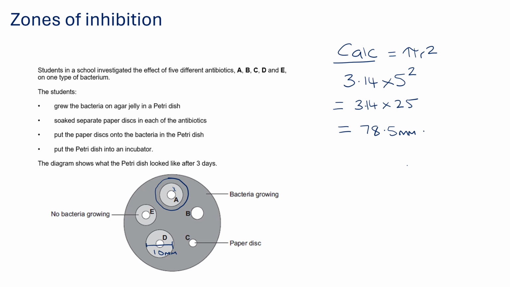Now, secondly, they could ask you to describe the results. And there are a couple of things that you can take from your results on your agar plate. First of all, they could ask you to compare the effectiveness of the antibiotics, and you can assess the effectiveness of the antibiotic by the size of the zone of inhibition.